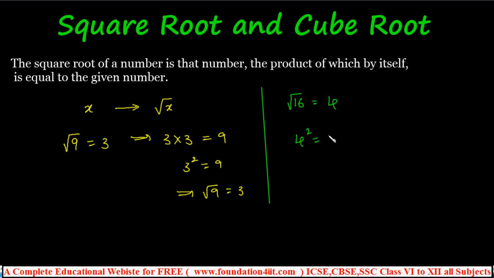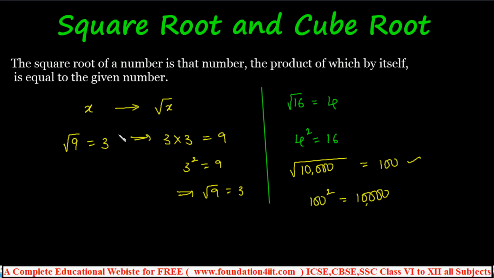Same, you can write any number like this. Square root of 10,000 is 100, because 100 into 100 is 10,000. So any number you multiply by itself, whatever you get, 100 square is 10,000, so square root of 10,000 is 100.